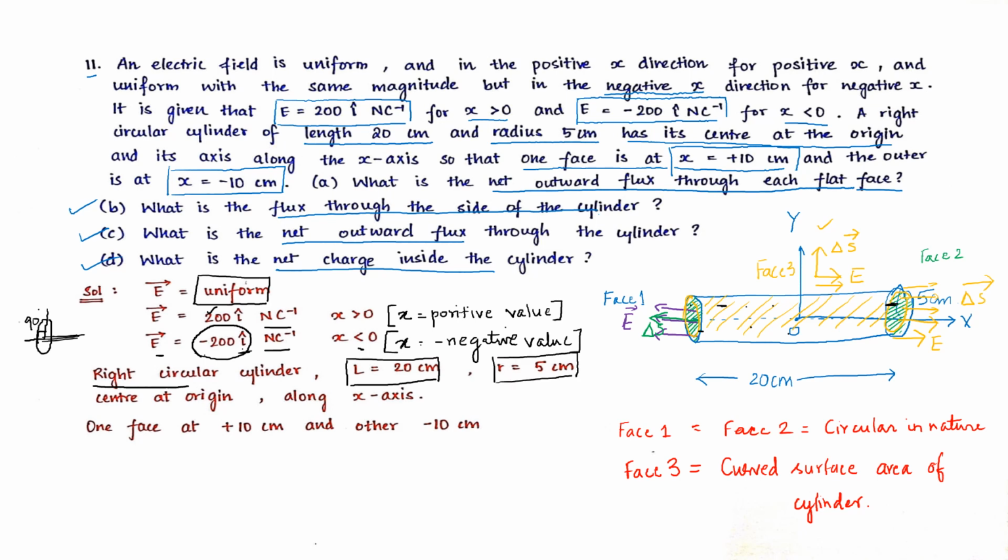This is 20 centimeter, from here this is 10 centimeter, and from here this is 10 centimeter. If this is origin, what do you think is the value at this point? It is plus 10 on the x-axis, and on the other side it will be minus 10.